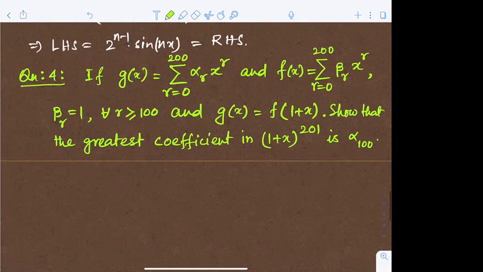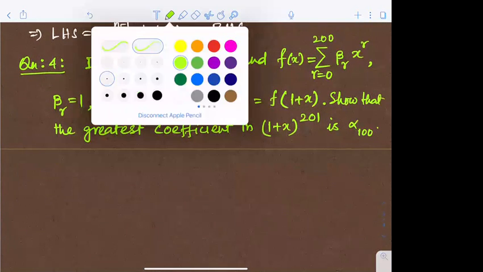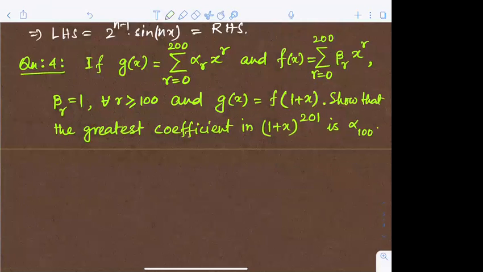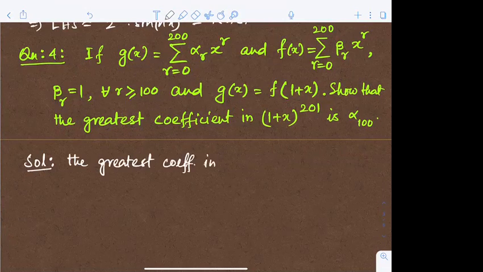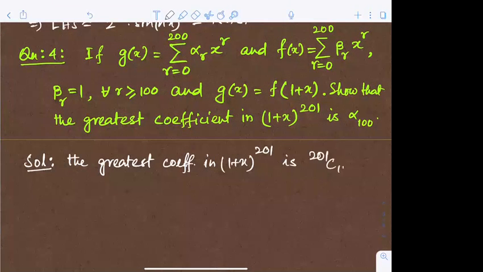Okay, so now how to start here? We have already understood that the greatest coefficient in 1 plus x whole power 201 is nothing but 201C100 or 201C101, both are same.